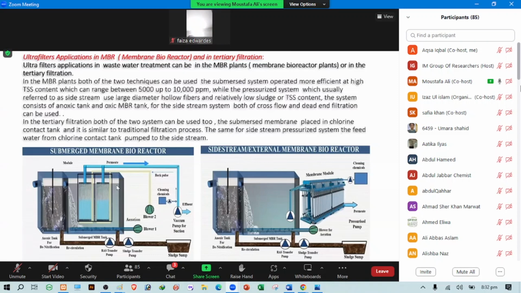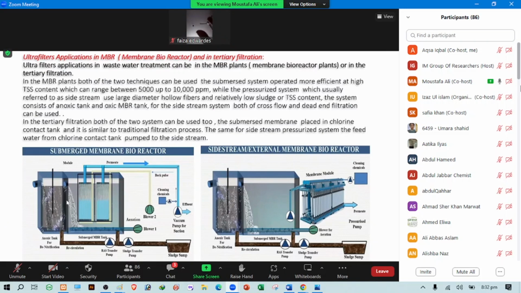It is a continuous process, and it has the advantage that it operates with very high TSS content. You cannot achieve this in other procedures for wastewater treatment. At the same time, the high content of sludge with microorganisms makes it possible to shorten the treatment time.